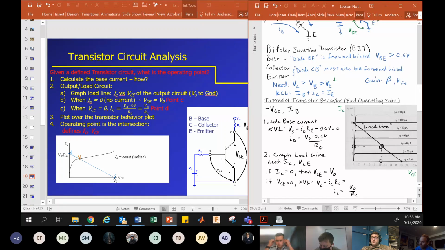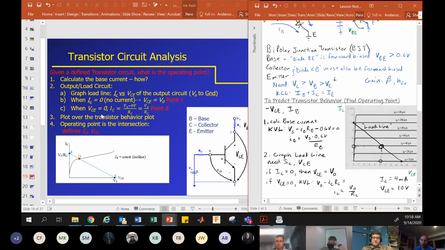So in this case, and I totally just made up stuff here in plotting this line, it's telling us that the collector current is about 4 milliamps and the collector to emitter voltage drop is about 10 volts. Okay. Any questions on that?